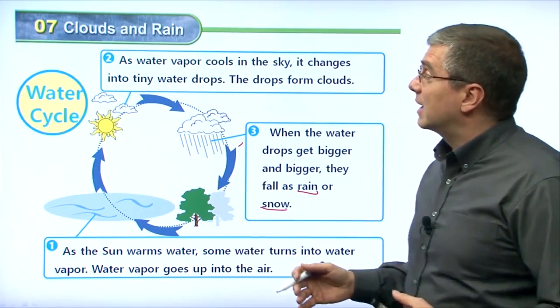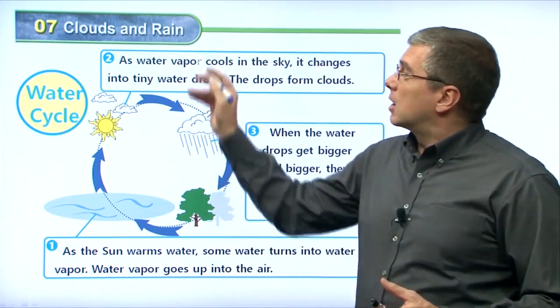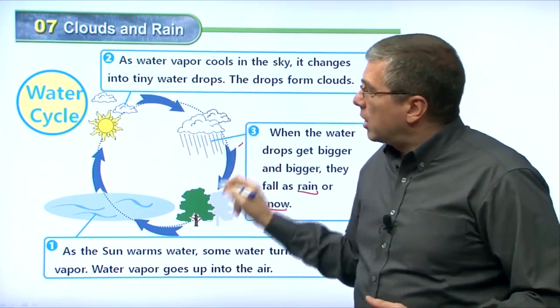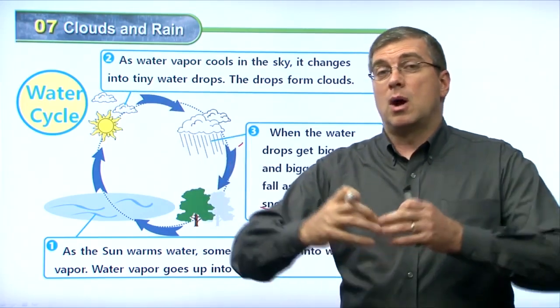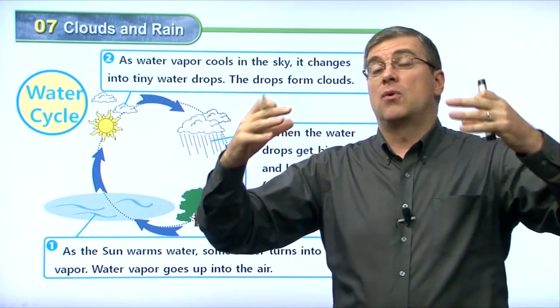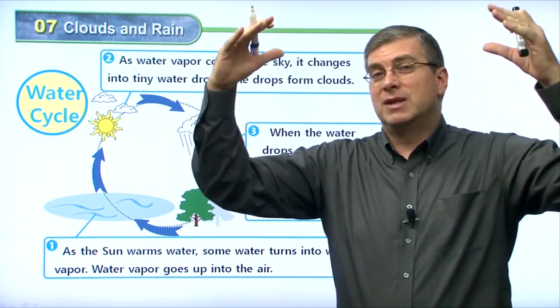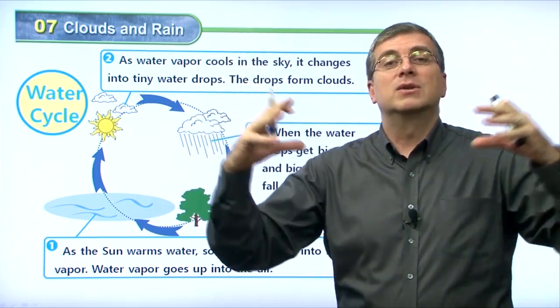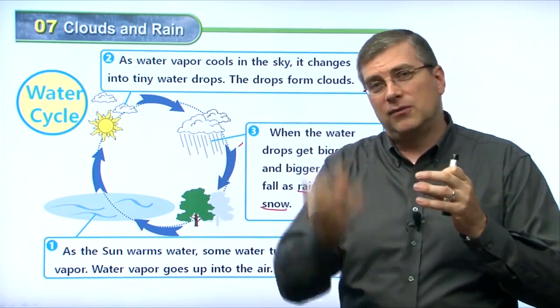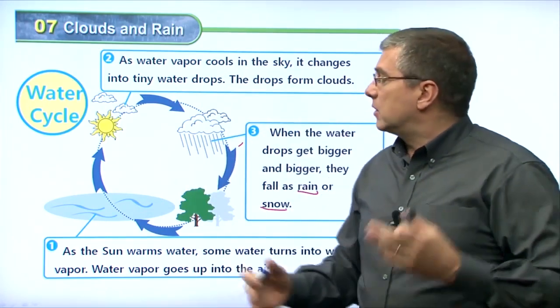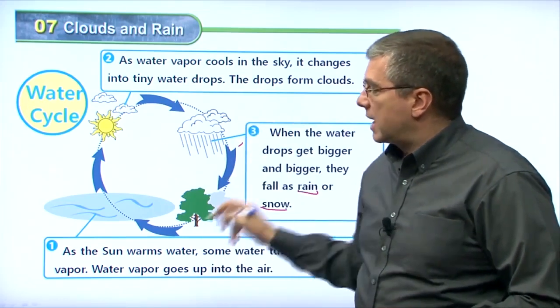So very interesting lesson here. Clouds and rain form part of the water cycle. We've talked about evaporation, when water spreads out and forms water vapor, comes up into the air. We've talked about how to condense, when water gets cool and gathers together and falls from the sky. These are all parts of the water cycle.